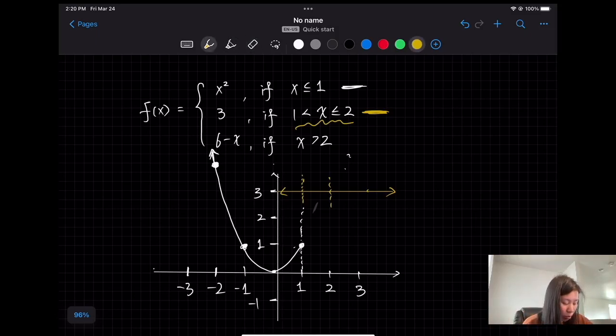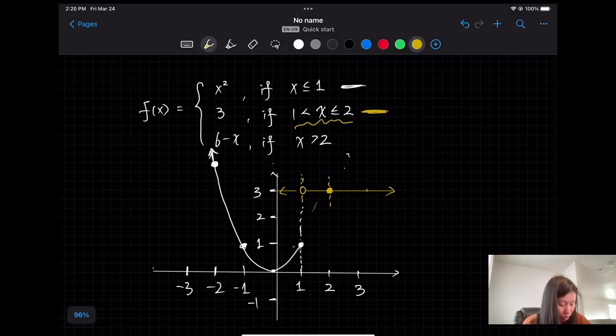So when it comes to 2, it's going to be a solid dot, but when it comes to 1, it should be an empty circle because you can't include 1. Other than that, we need to get rid of it because the function is not included in this part.